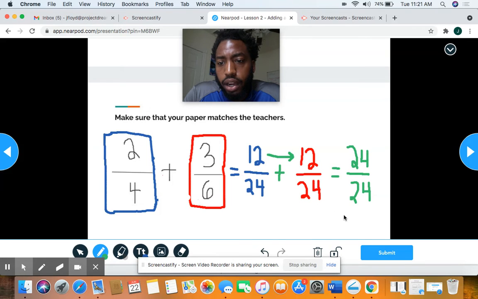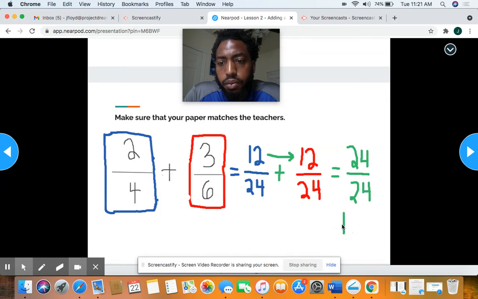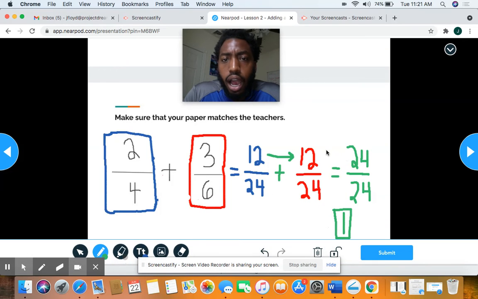I'll put the 1 right here. You can put 24 over 24 or 1. And that's how we're going to solve our problem with adding fractions. You find your common denominators. You then add your numerators and you solve.